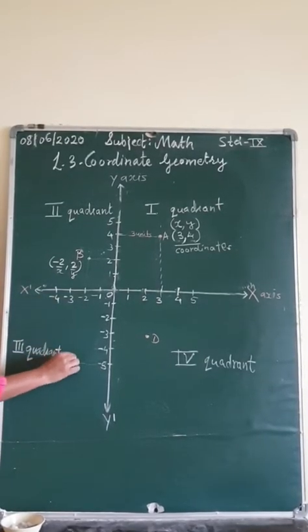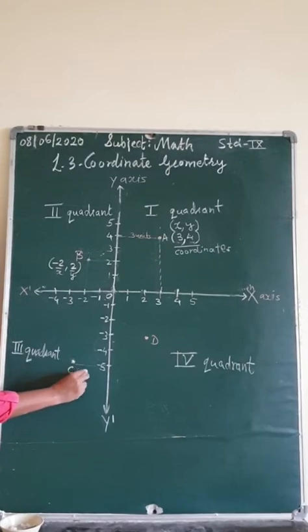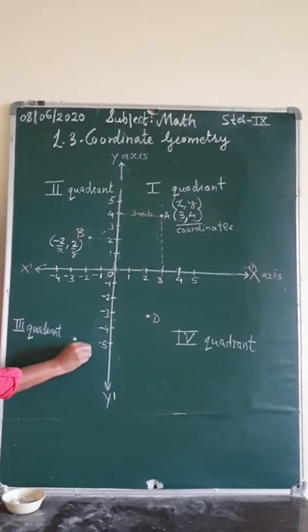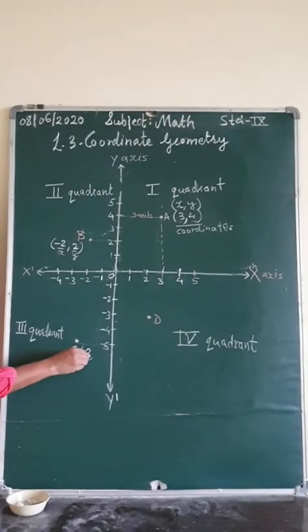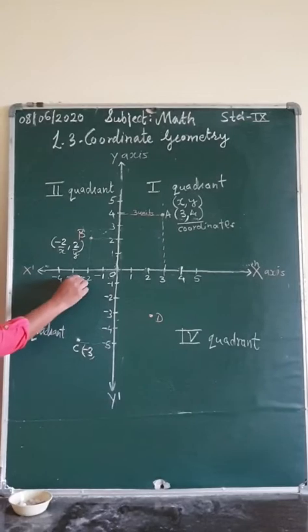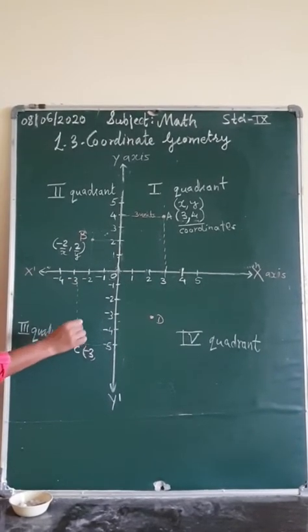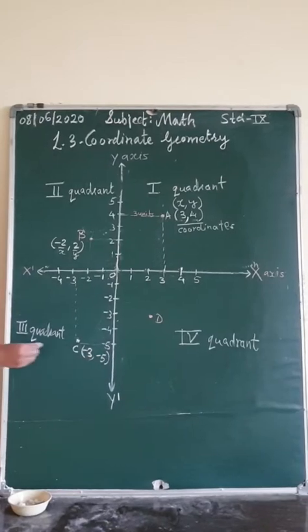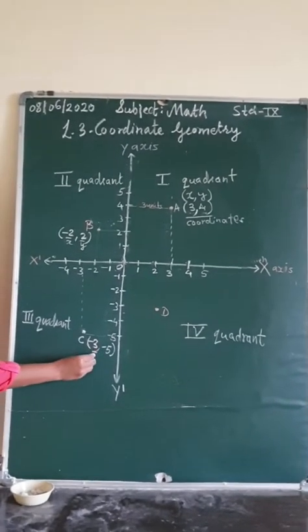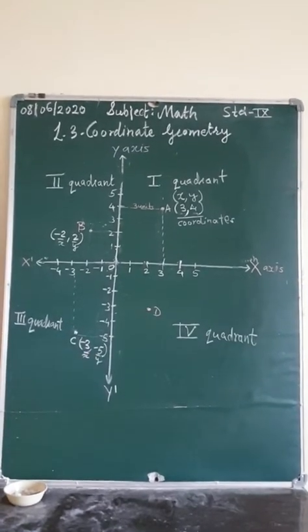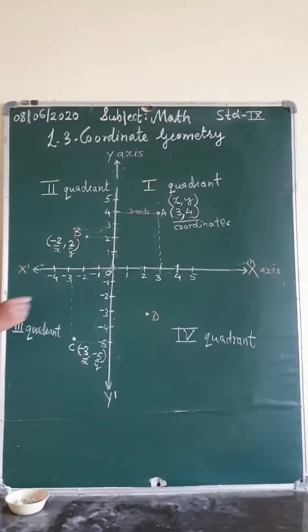We can say it's -3. And how far is it away from the x-axis vertically? That is -5. So the first is X coordinate, the second coordinate is Y coordinate.